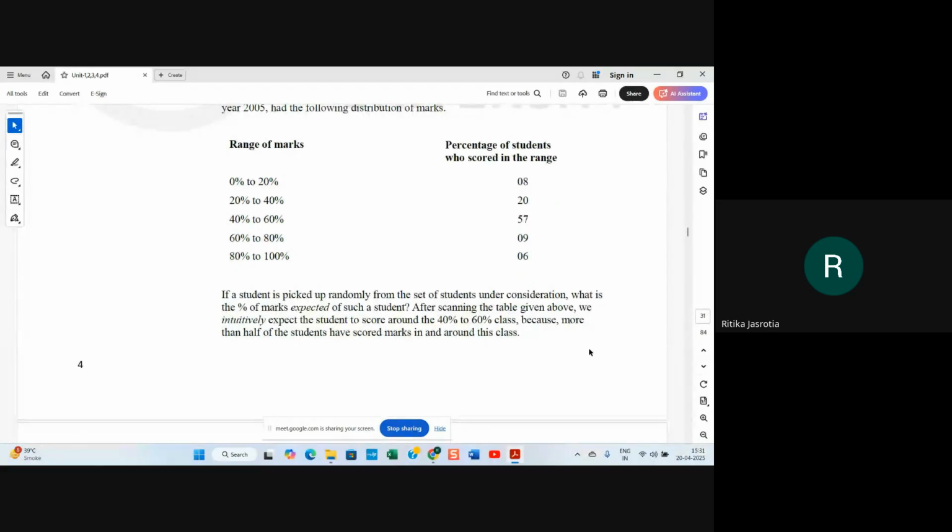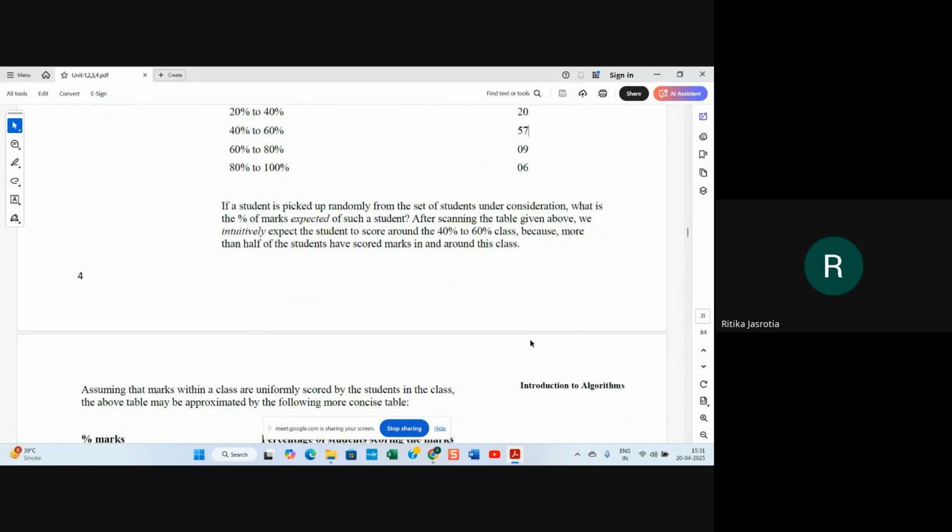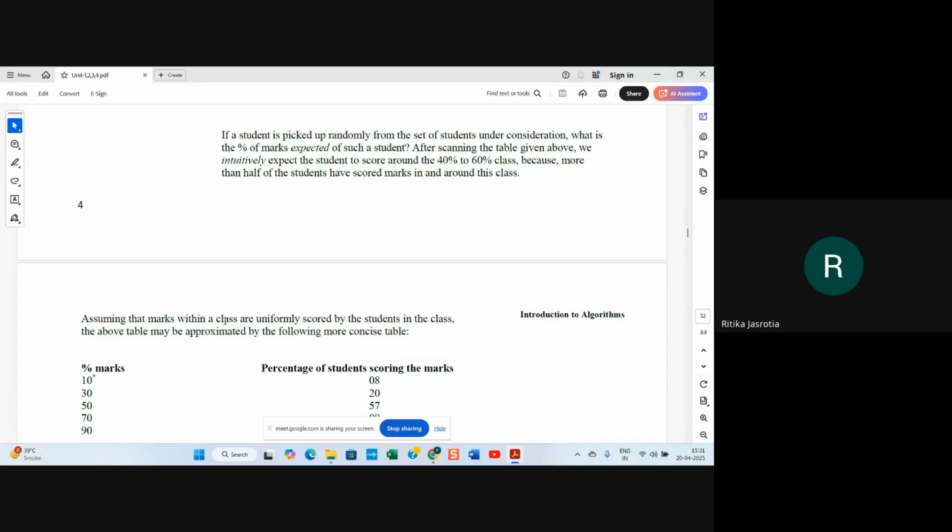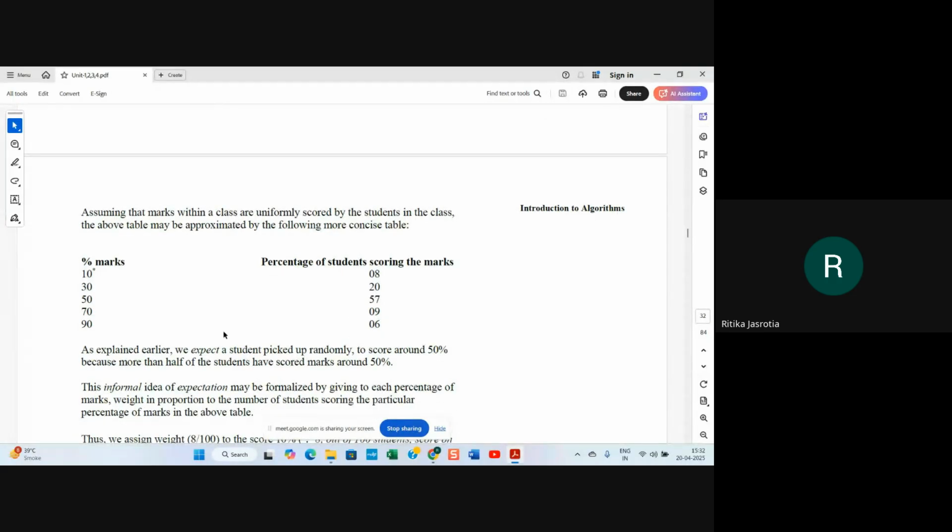After scanning the table given above, we intuitively expect the student to score around 40 to 60%, because that is the range with the maximum number of students, right? More than half of the students have scored marks in and around this class, right? Assuming that the marks within a class are uniformly scored by the students in the class, the above table may be approximated by the following more concise table.